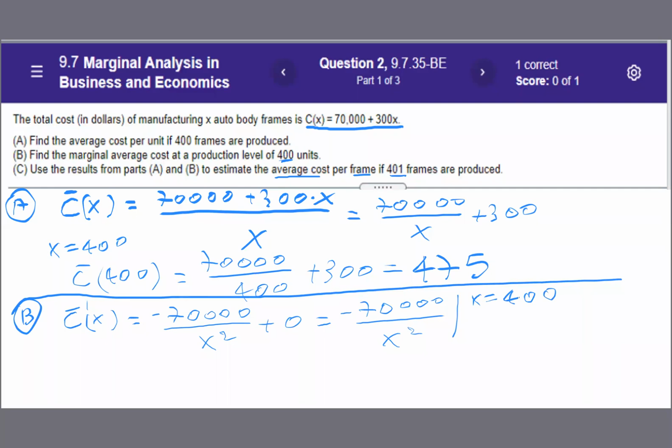So let's write this down. C prime of 400.